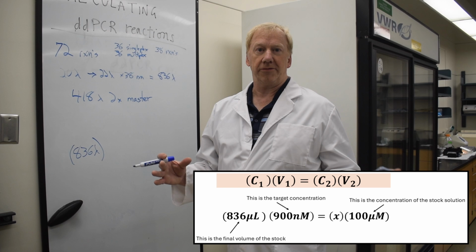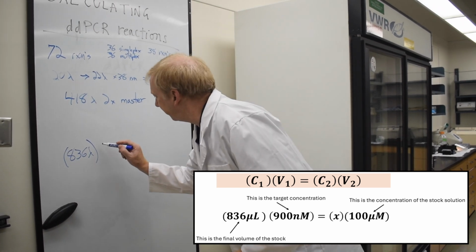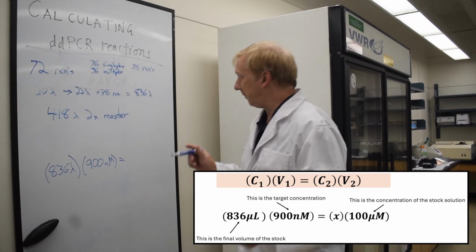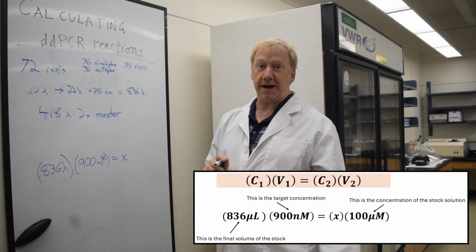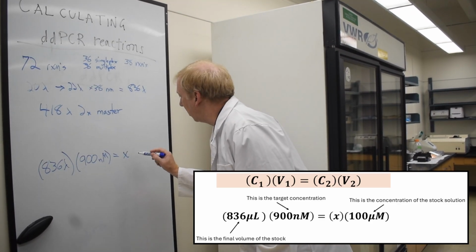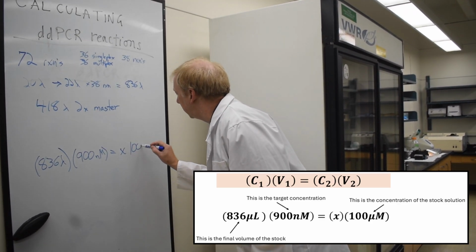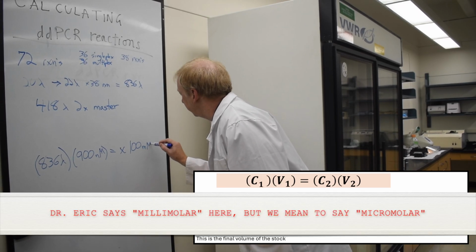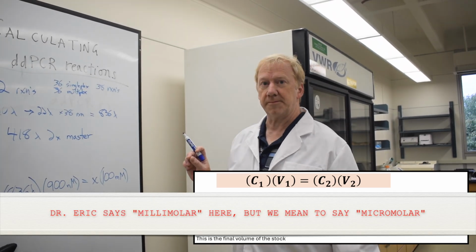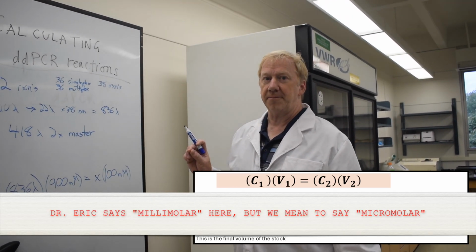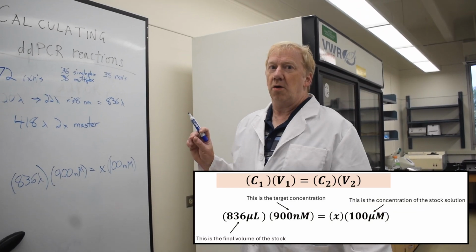We have 836 microliters and 900 nanomolar of our primers. I hate this part. Figure out how many microliters, we'll call that X, of a 100 micromolar solution. So how much do we have to dilute the stock solution to get it to our working concentration? Right.